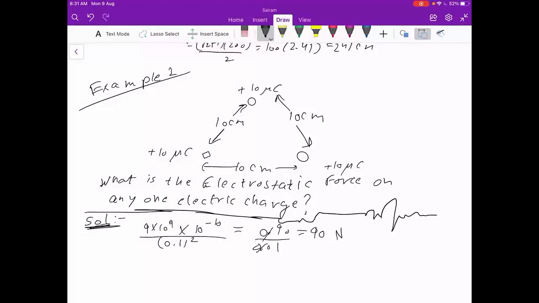But that's not the answer because you forgot to apply vectors. It's a 90 root 3. Now you will talk.